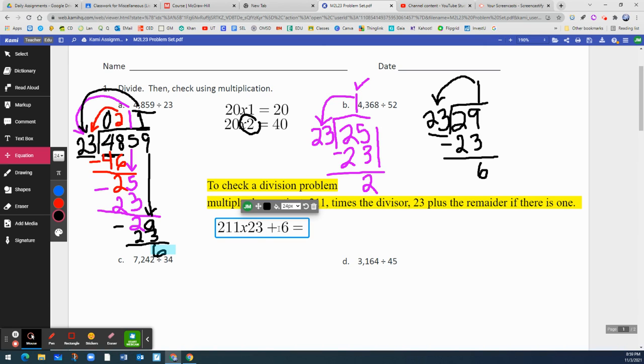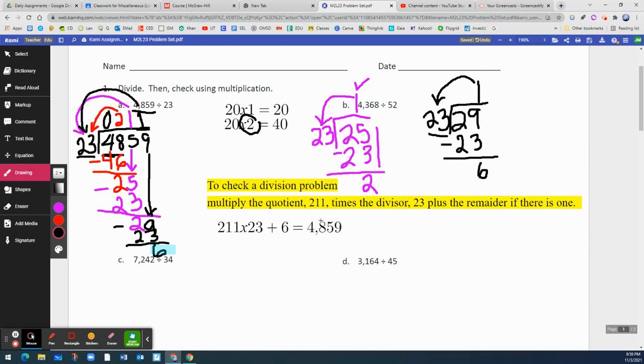And that should give you, when you do the math, the total should be 4,859, which means that it has to be this number here. This number must match the dividend.